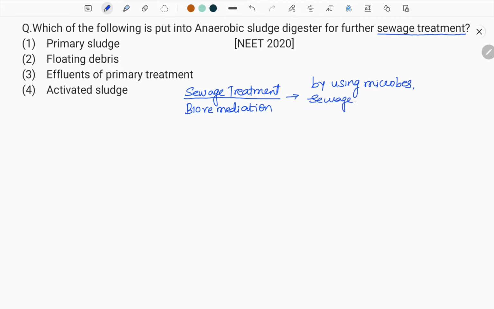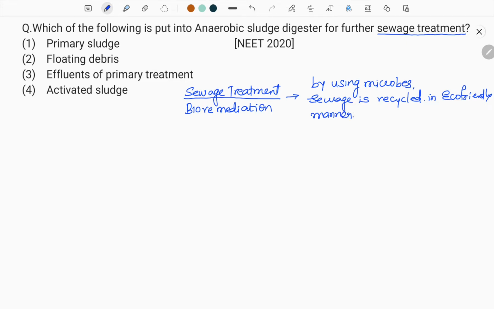We know that the majority of the sewage is domestic sewage, among which the major component is human excreta, which causes more pollution than the rest of the pollutants. So this sewage is recycled by using microbes in an eco-friendly manner.